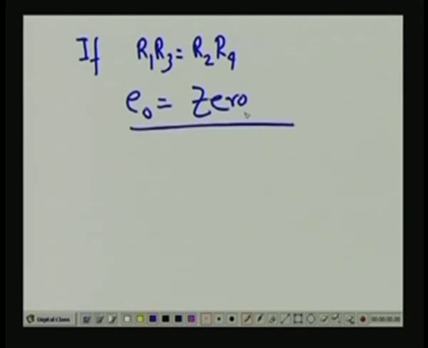Right. Now, suppose all the resistances are getting varied, as it happens in the case of load cells, both in the column type load cell and the link type load cell, all the 4 resistances are getting varied.